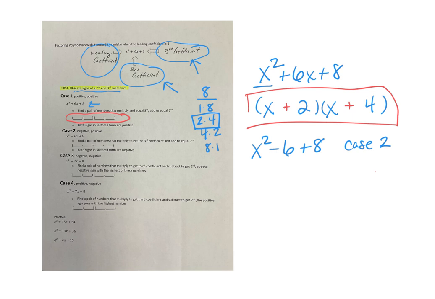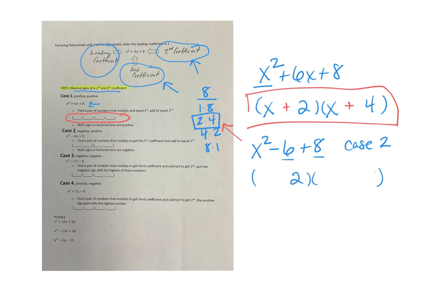Under case 2, it says find a pair of numbers that multiply to get the third coefficient, which is 8, and add to get the second, which is 6. So once again, we are going to use 2 and 4 because that works for this case also.